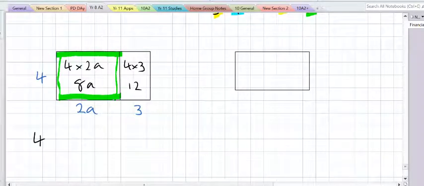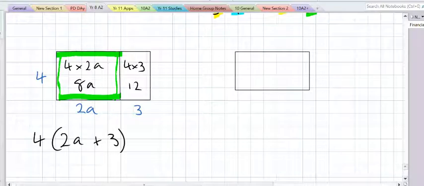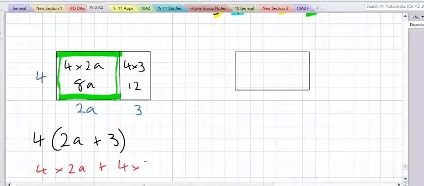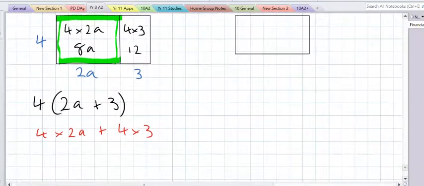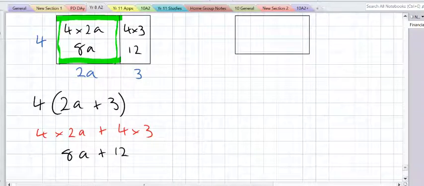It would be 4 times 2a plus 3, because that bottom length is 2a plus 3. Right. And our working, which we've shown inside the rectangles, would be 4 lots of 2a plus 4 lots of 3, giving us a total of 8a plus 12.